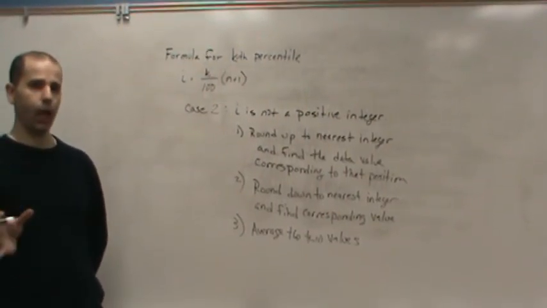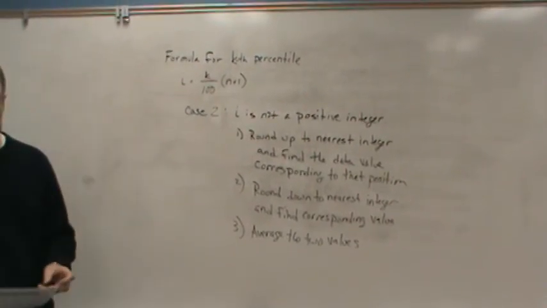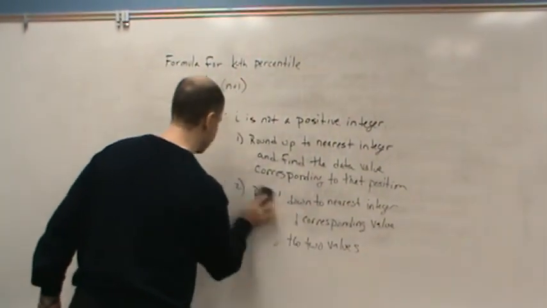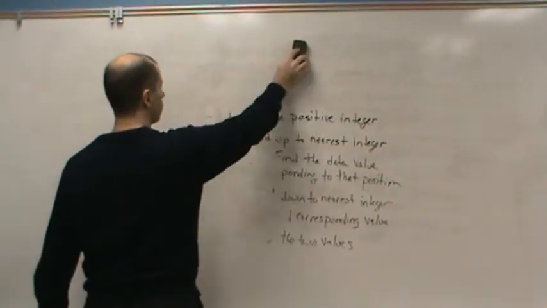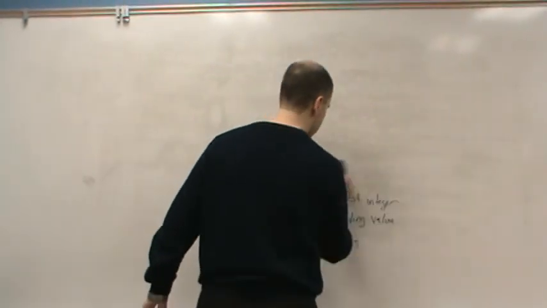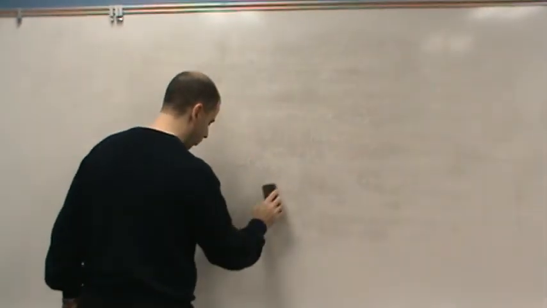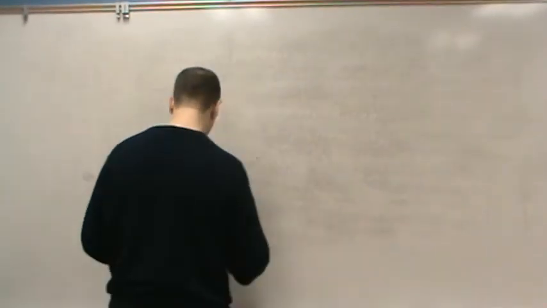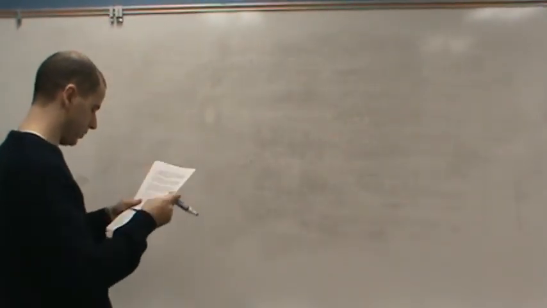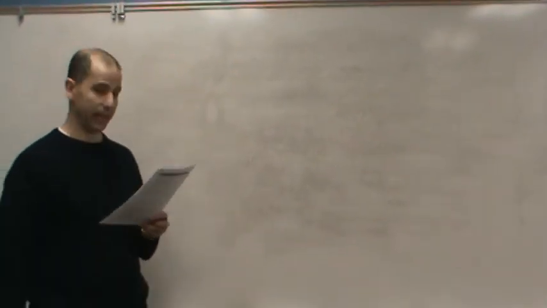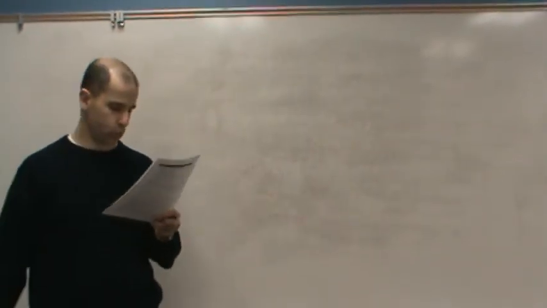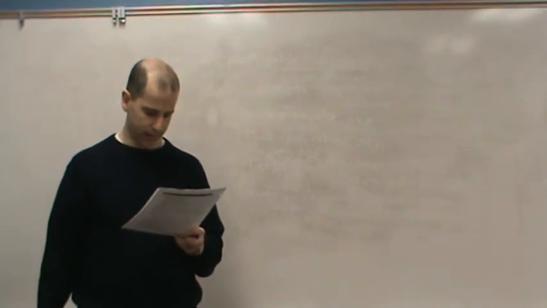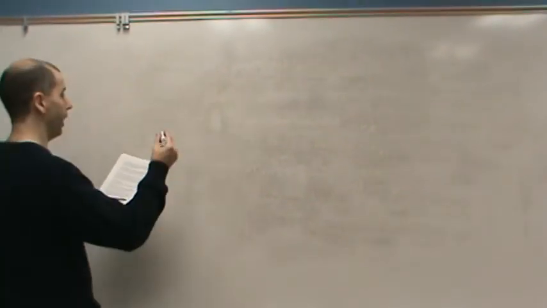To help make it make sense, let's do an example. This example requires data. I'm going to write down the data, and then apply the formula to find the value that represents a particular percentile. So here is the list of ages of 29 Academy Award winners for Best Actor. I think we may have used this data before, but I'm going to write it down.